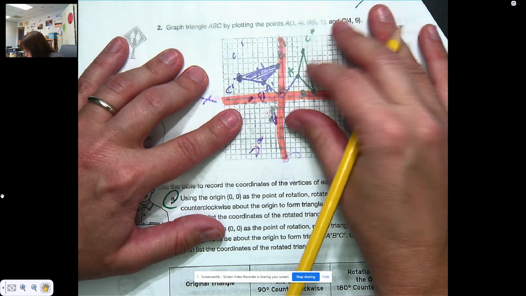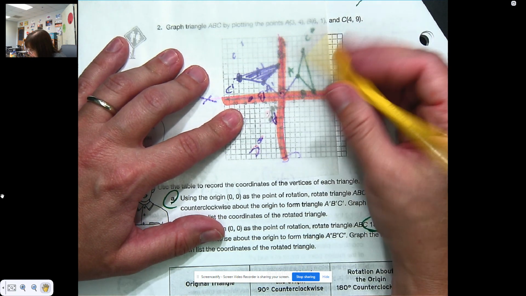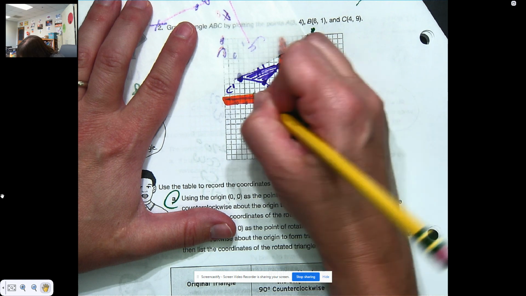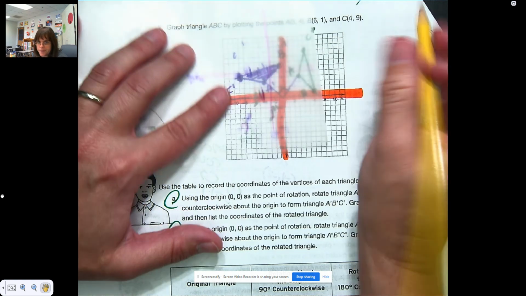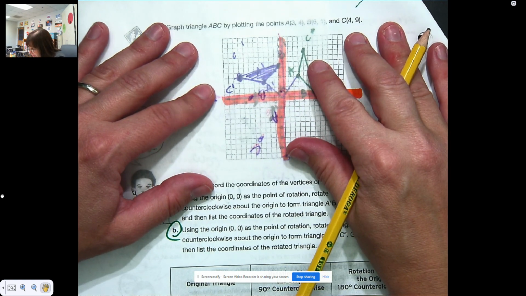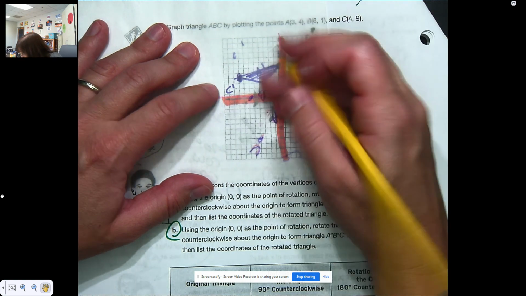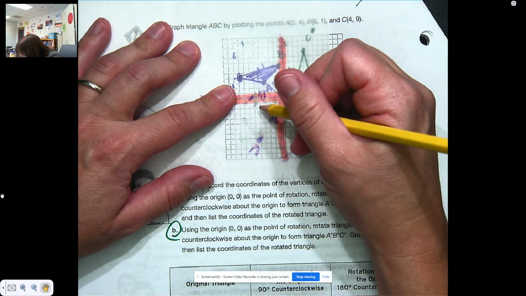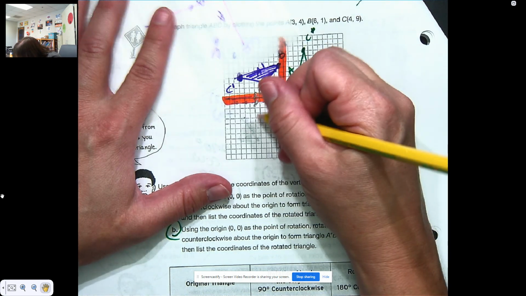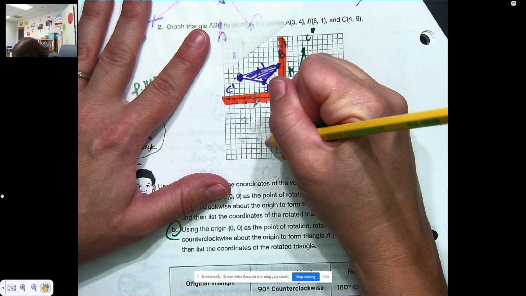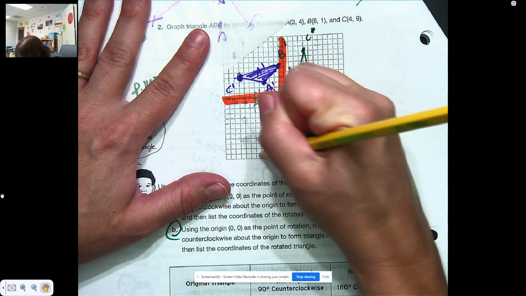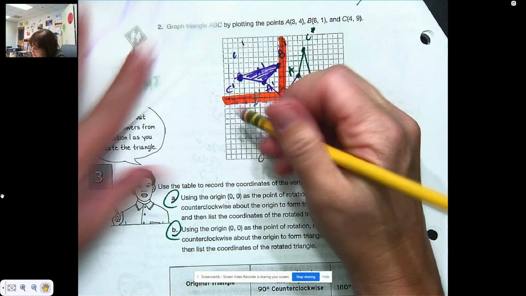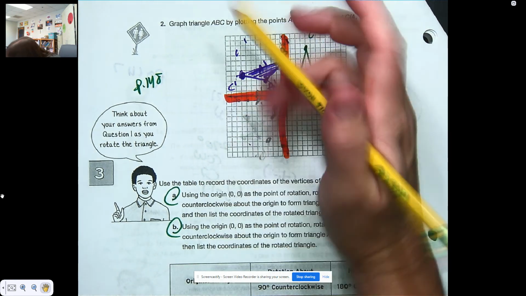B went from being 6, 1 to being -6, -1. And C goes from being 4, 9 to being -4, -9. It's kind of hard to see. And then I'm going to connect that together.